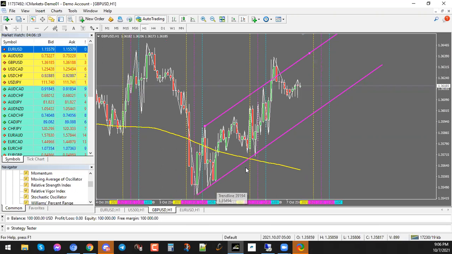I would connect my swing lows and I would draw a fresh line from my swing high, connecting it to the next swing high. Okay, so my pattern would look more like this, and I would say that this is my trend.